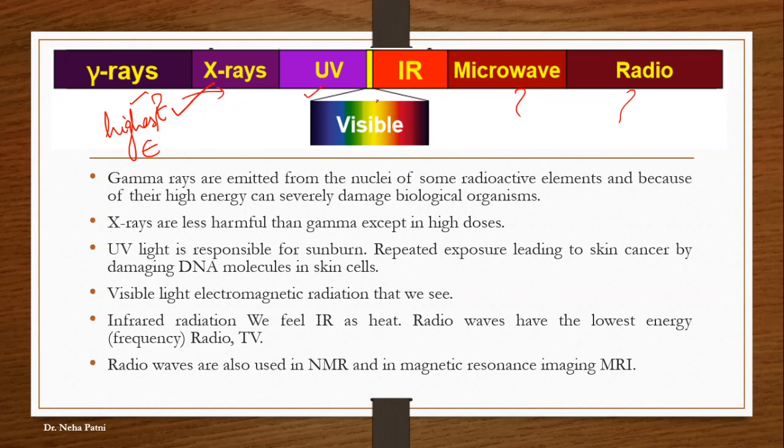UV is responsible for sun tanning. Visible is responsible for whatever we see. IR we normally observe as heat, and radio waves are very low energy, but they have higher wavelength, and they are used in magnetic studies like MRI, magnetic resonance imaging, or nuclear magnetic resonance spectroscopy.